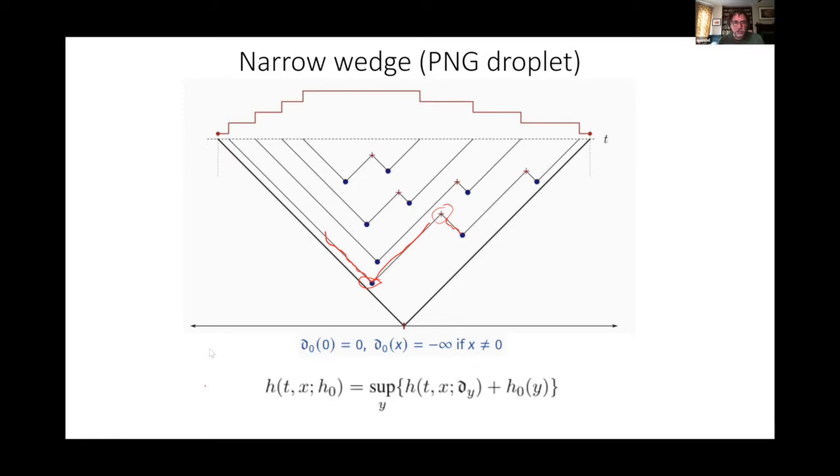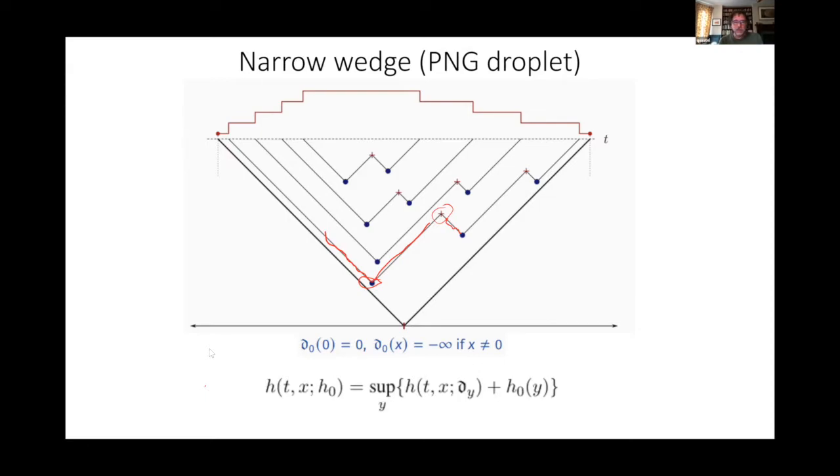It's also true, and this is something you just have to think about for a second, that the process has the max property in the sense that if you start with the maximum of 2 initial data and then watch their evolutions up to time t, then what you see at time t is just the max of the 2 results at time t.